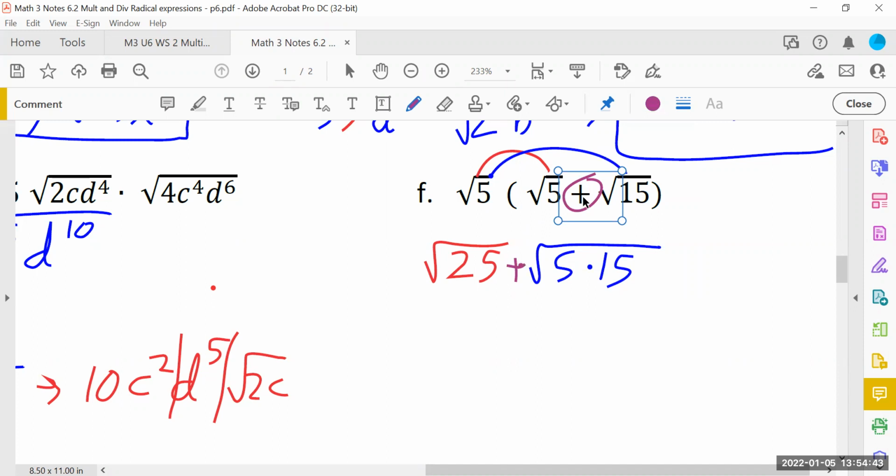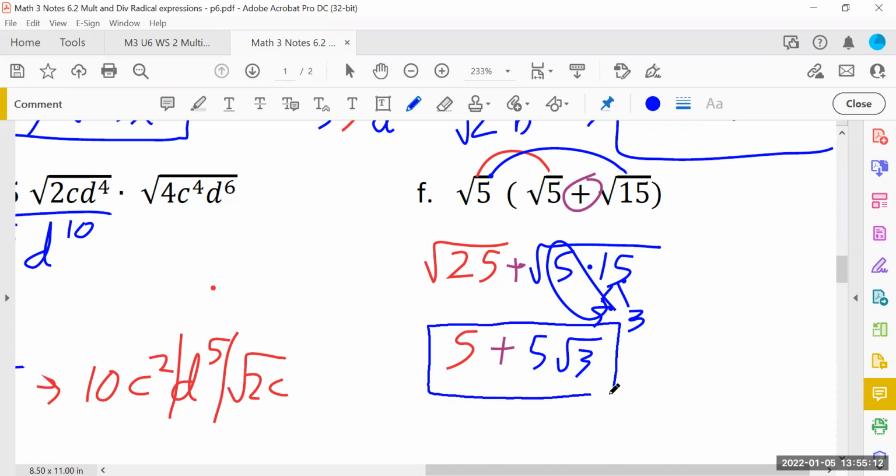So the square root of 25 would be 5, plus here 5 times 15. That 15 would split into 5 and 3. So I could take out a pair of 5s. 5 root 3. For now, just know that you cannot add those and that is our answer.